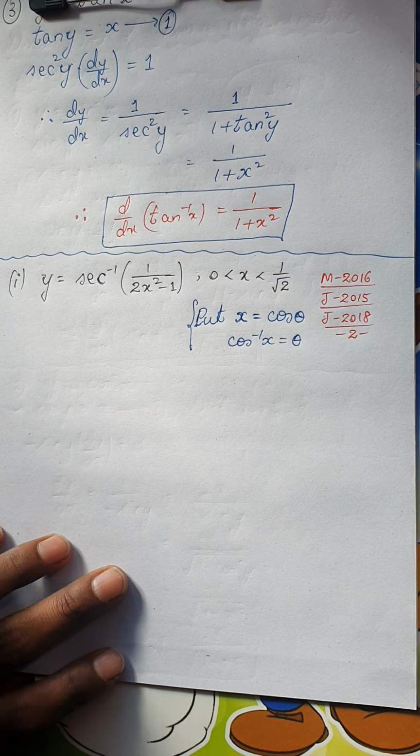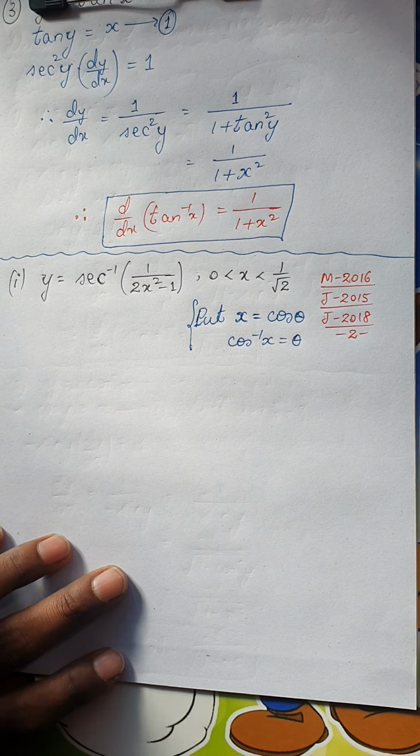Okay, so y is nothing but secant inverse of 1 divided by 2, remember, cos square theta minus 1. Okay, so this is nothing but secant inverse of 1 divided by, remember, what is 2 cos square theta minus 1? Again I told you these are all basic trigonometric formulas. 2 cos square theta minus 1 can be written as cos 2 theta.